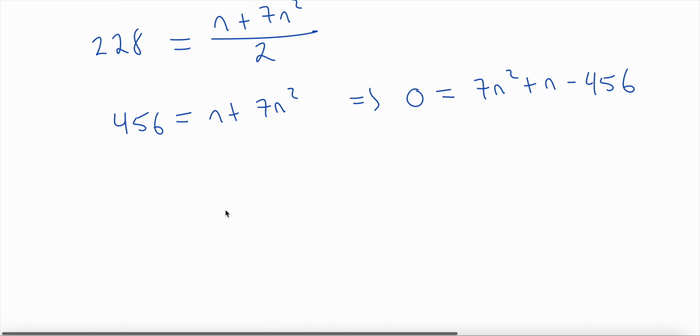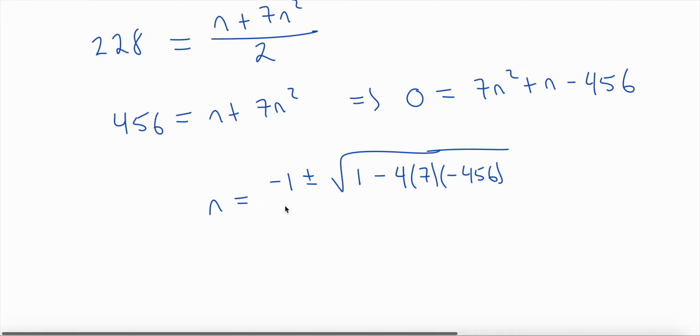So if we do that, we're going to get that n equals negative b, so that's going to be negative 1, plus or minus the square root of b squared, 1 minus 4ac, which is going to be 4 times 7 times negative 456. And that's all going to be over 2a, which is going to be 14.